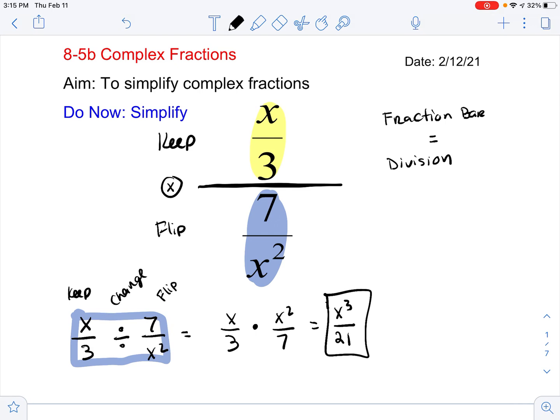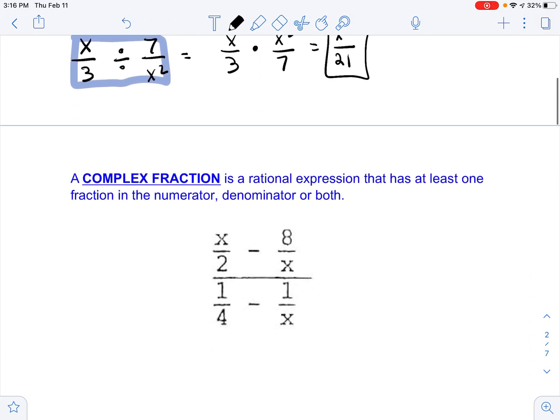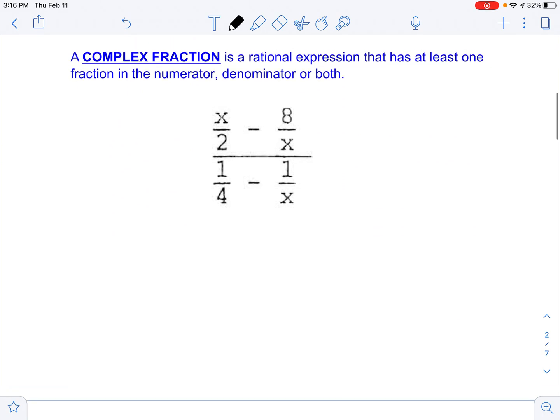Okay, now this one's not too bad because both numerator and denominator are only composed of a single fraction, but that will not always be the case. It is very possible and often common to have addition and subtraction within the complex fraction itself. So here we have x over 2 minus 8 over x in my numerator. We have a bigger fraction bar, and we have 1/4 minus 1 over x.